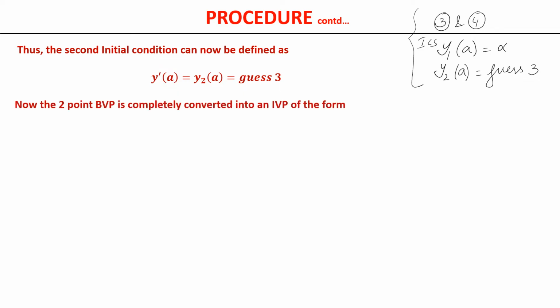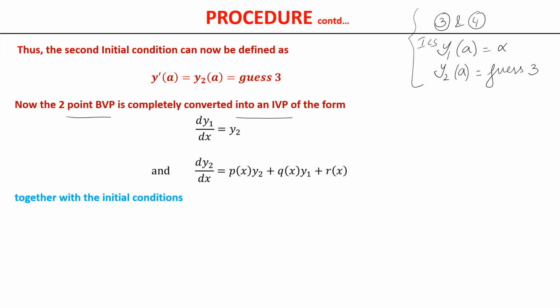The two-point BVP is now completely converted into a system of simultaneous equations this way, with the two initial conditions and guess 3 allocated for y2 of a. So this complete system is now solved.